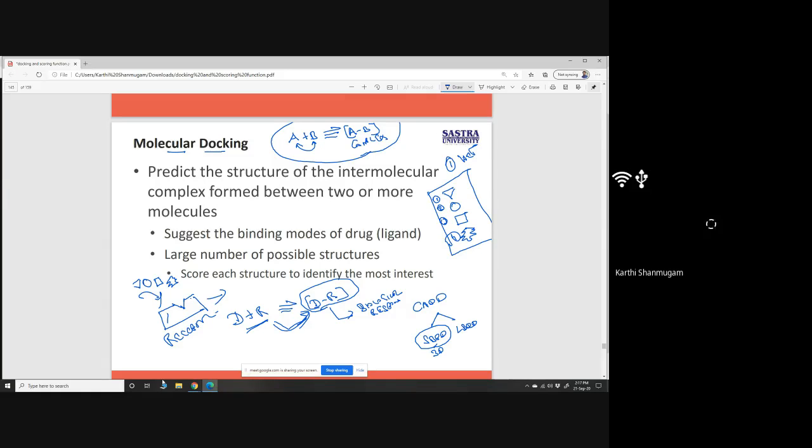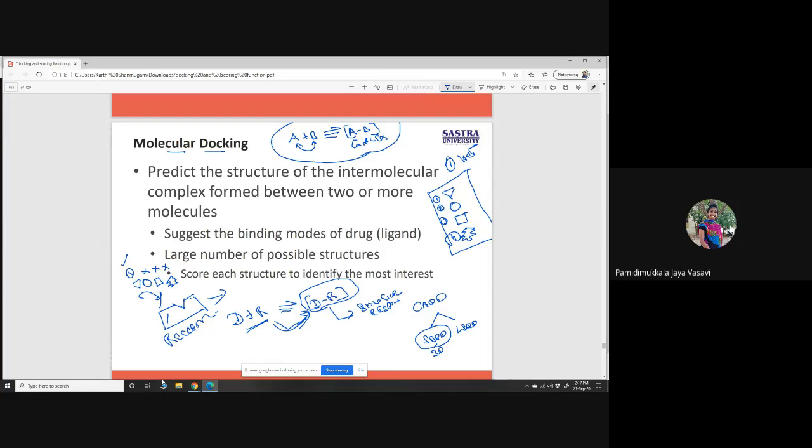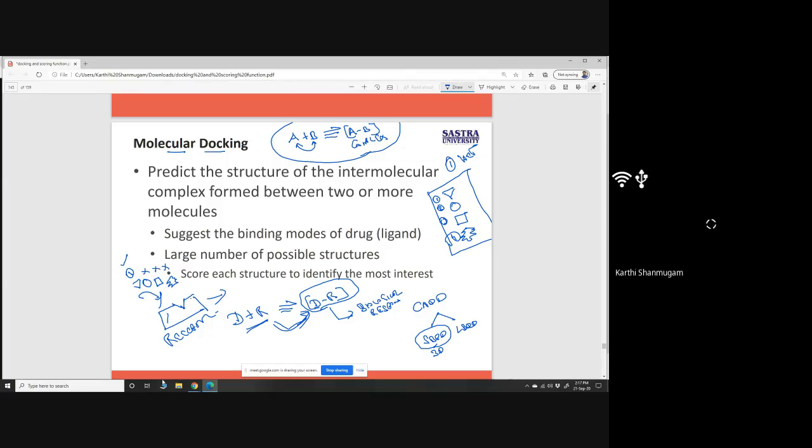We can expect that the first molecule will show some activity, definitely not the second, third or fourth, right? Can you tell how you say this? Shape complement. Okay, so basically what we need is a kind of shape complement, which we cannot even imagine if we go for wet lab analysis, right?